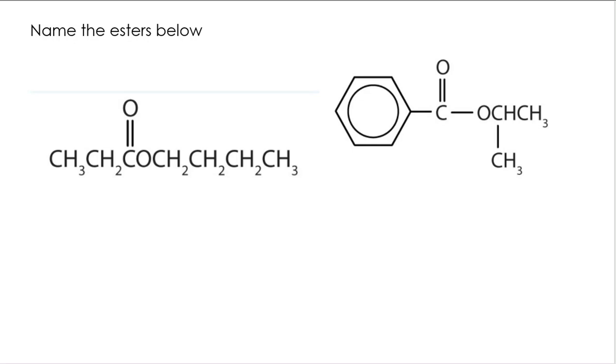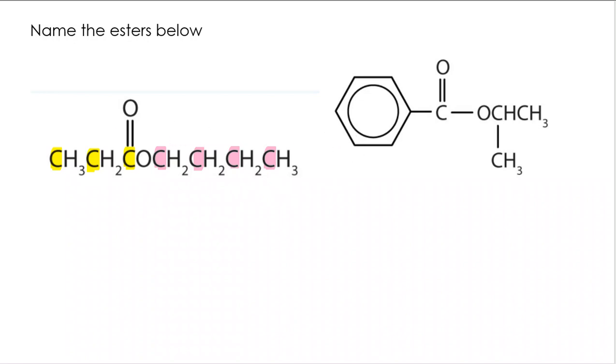Whenever you're naming these, you look to what the alcohol would contribute when we're making an ester, and we'll learn more about that next time, but that's to the right of the single bond O, and then the end of the ester name comes from the carboxylic acid that made it. So let's take a look here. I've got 1, 2, 3, 4 carbons coming from an alcohol, butan-1-ol.